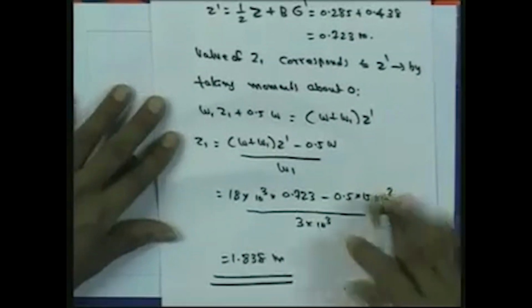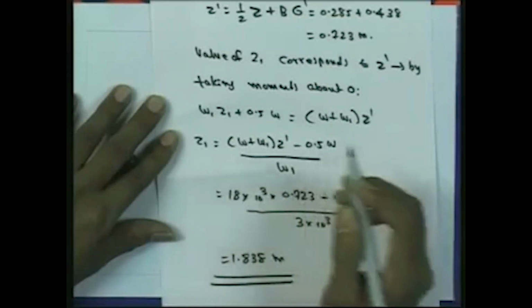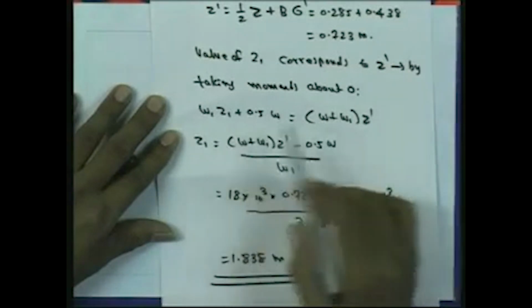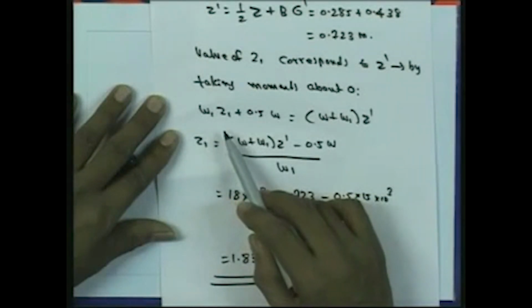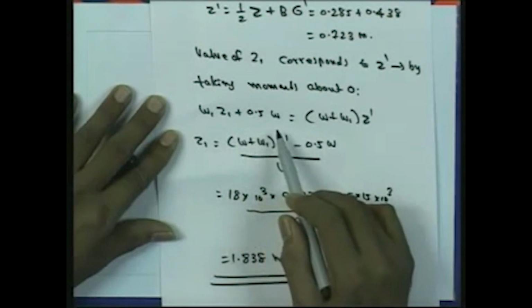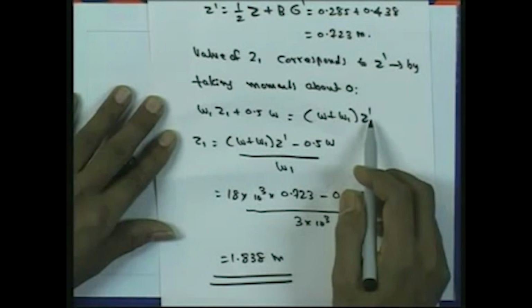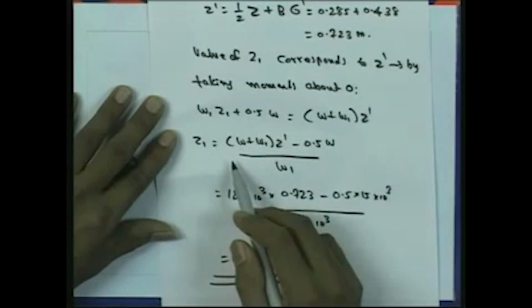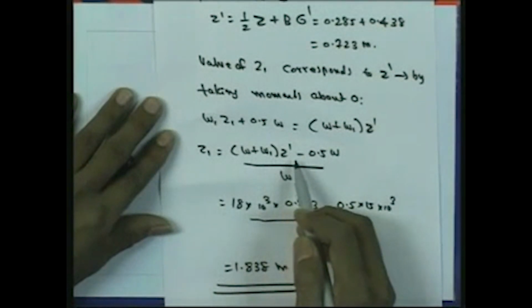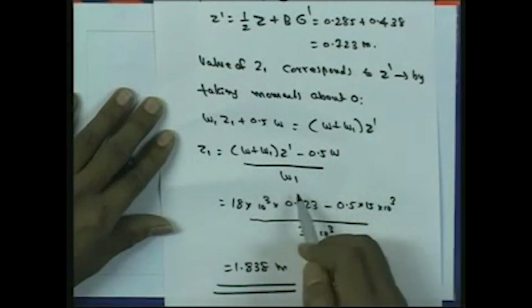So W1 into Z1, where W1 is the weight of the extra load, plus 0.5 W is equal to W plus W1 times Z dash. So Z1 finally we get as W plus W1 into Z dash minus 0.5 W, divided by W1.